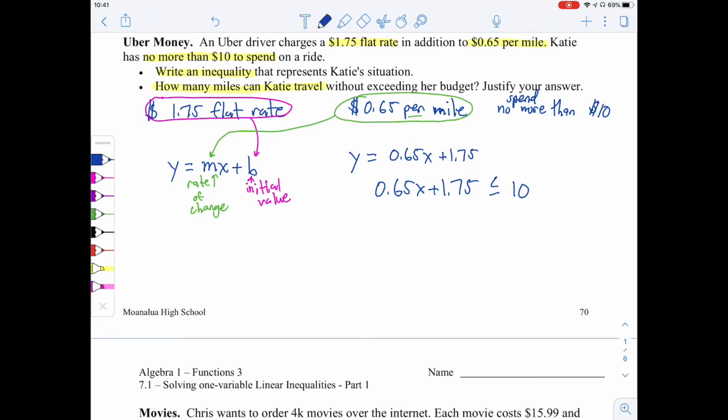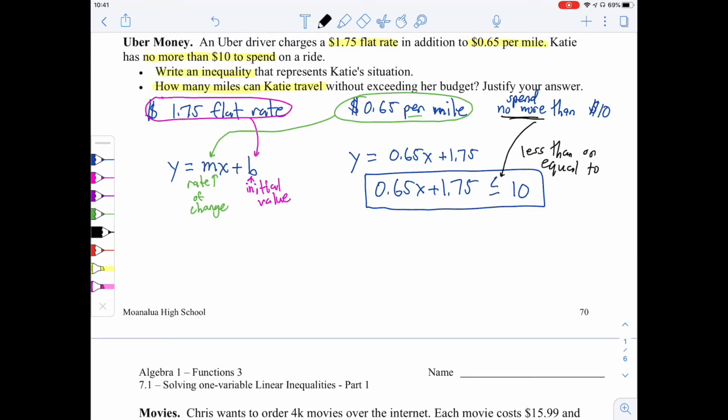So she can spend 10. So that's our inequality that we want to solve. No more than $10 will give us that less than or equal to. And then we're going to solve this.